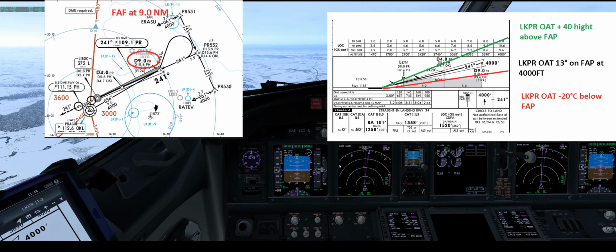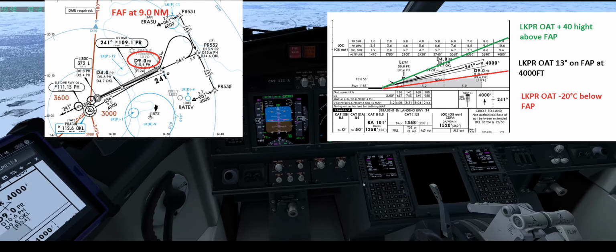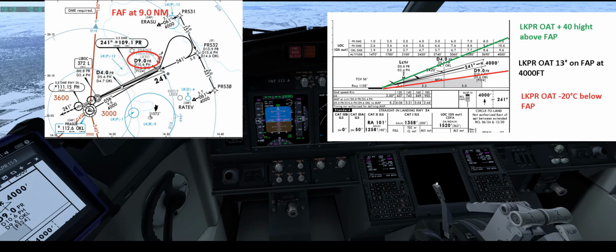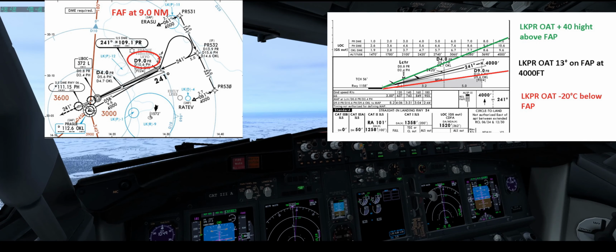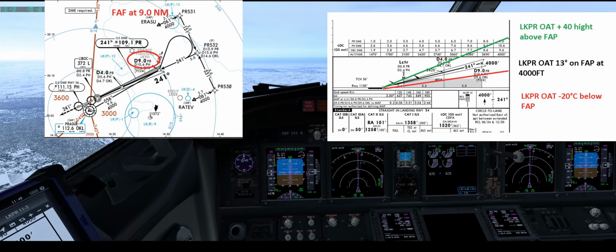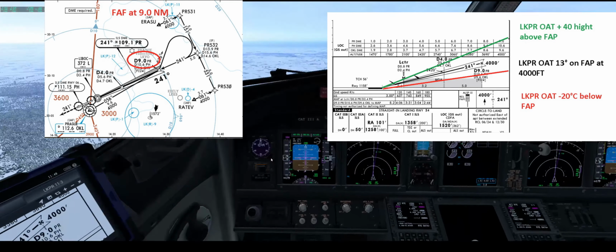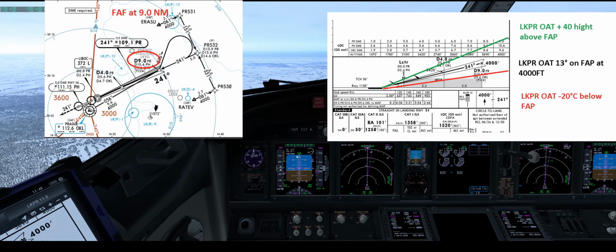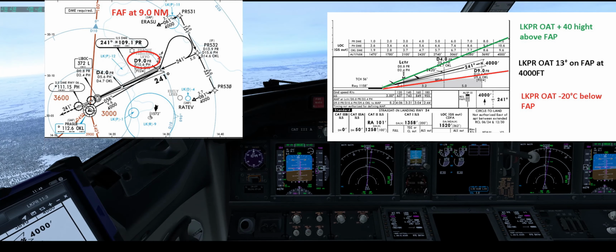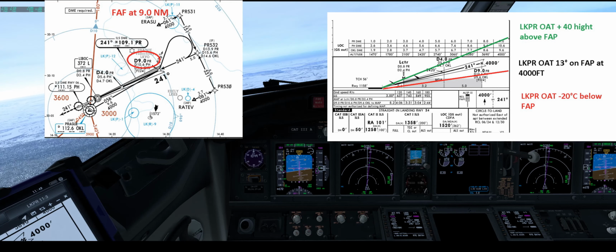Okay, if we have the 4,000 feet and we have manually set up on the airport, let's say minus 20 degrees centigrade, like I have now, and your altitude is exactly 4,000 feet, it means that maybe your flight simulator doesn't simulate these conditions.